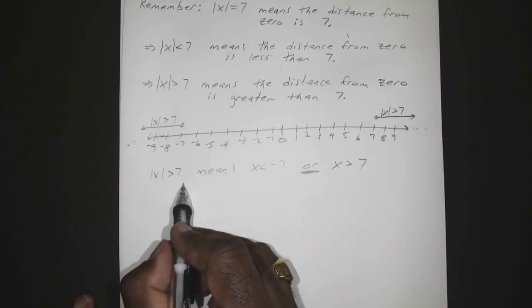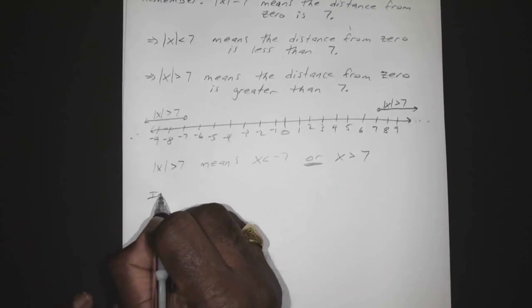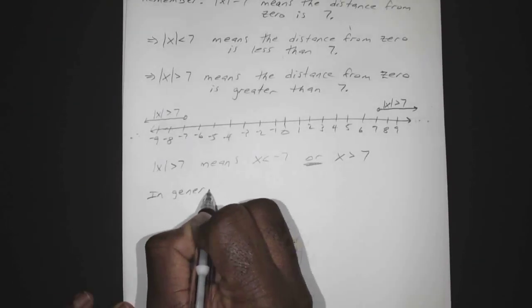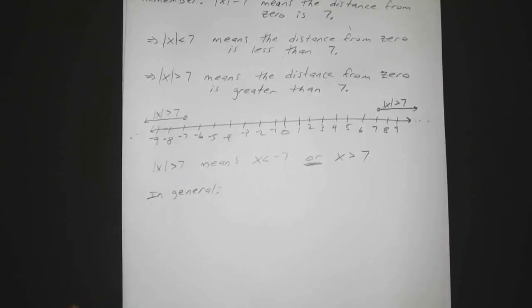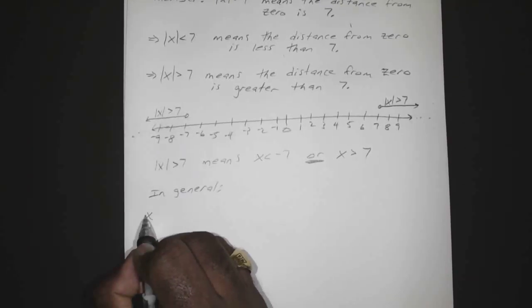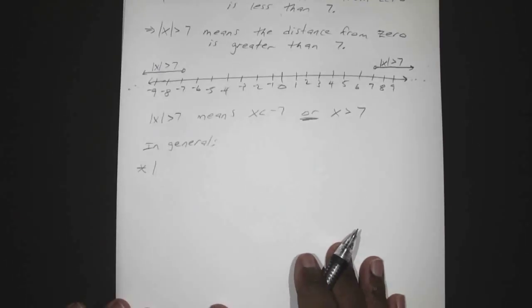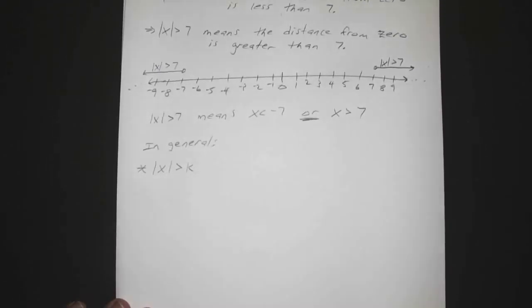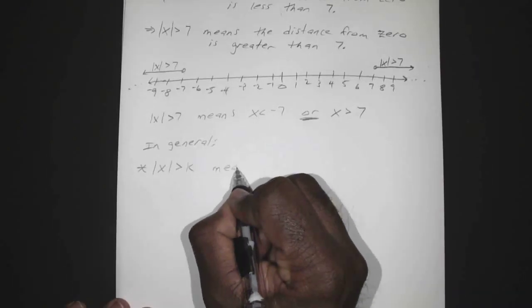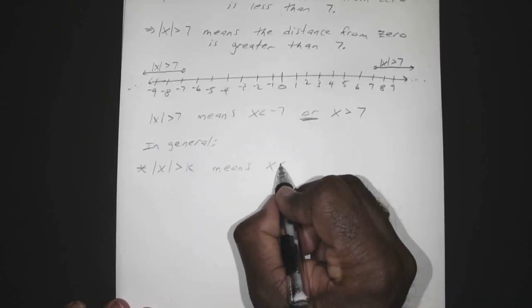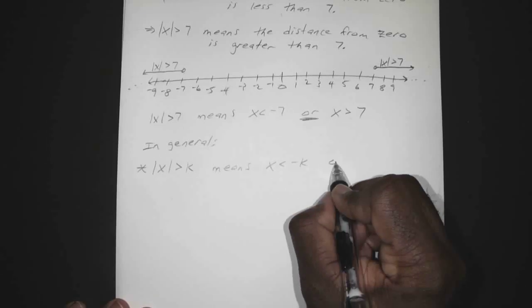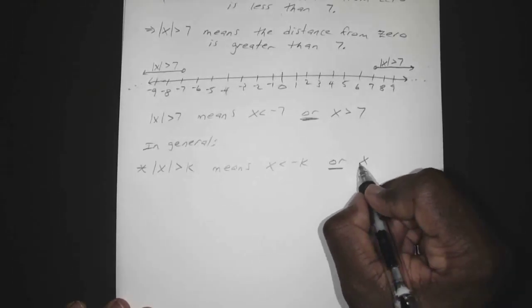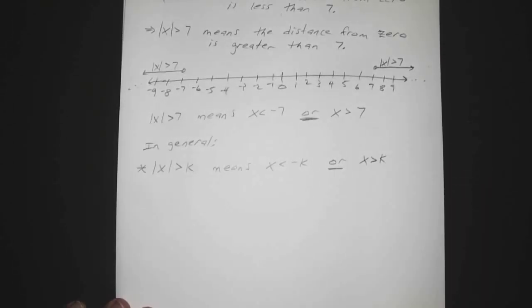All right, so we're going to take this and put it in our general idea, because it will work for any value you use instead of 7. Okay, so if you have the absolute value of x is greater than k, that just means that x is less than -k, or x is greater than k.